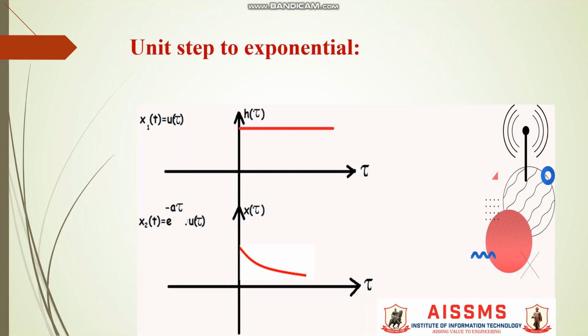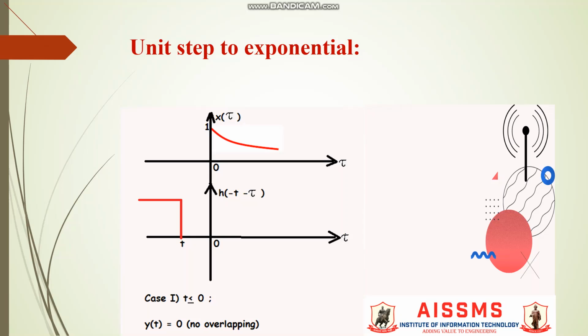So here let us reverse x1 of t, which is u of tau. We see that for case 1, when t is less than or equal to 0, the two signals do not overlap. Hence, y of t is 0.